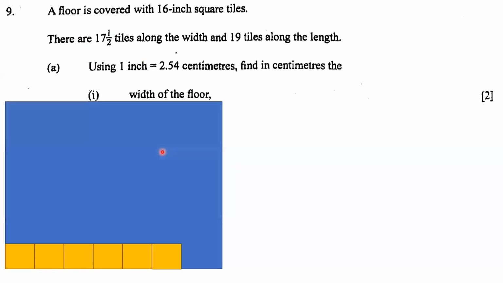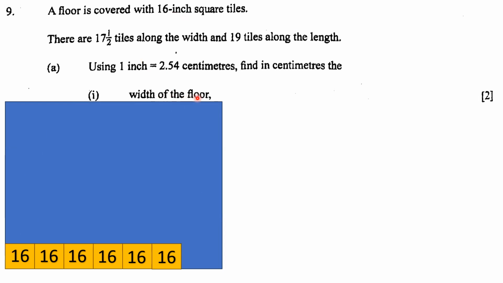Now, each one of these tiles is a 16-inch square tile, so each one of these measures 16 inches. Remember, we have 17.5. I only drew a certain amount, but imagine with me that we have 17.5 across the width, all right? Okay, so they want us to determine the width of the floor.